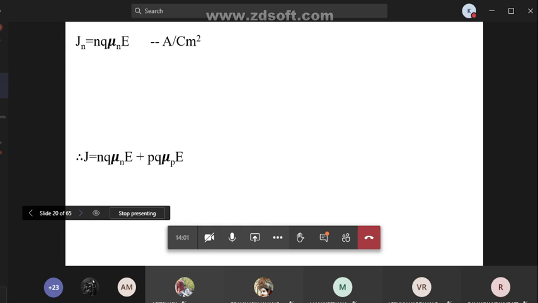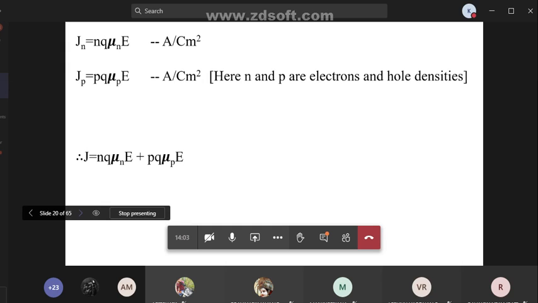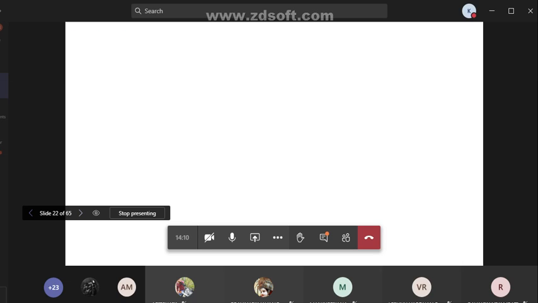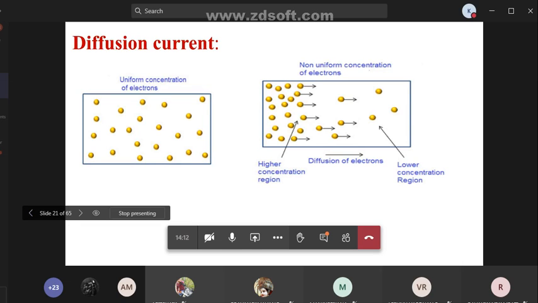Now if you see the diffusion current, here it is the higher concentration region and this one is the lower concentration region.